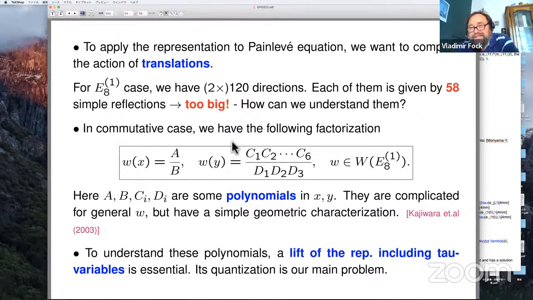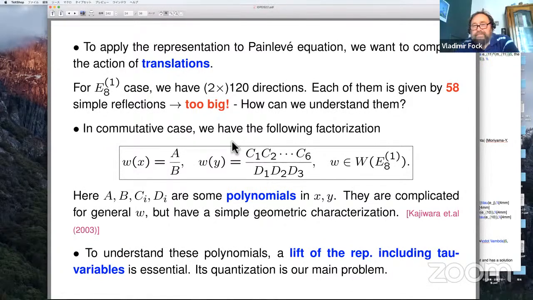For example, in the A2 lattice, which is 2 dimensional, it is a triangular lattice. So we have 6 directions, at 60 degrees, of the translations on a 2-dimensional space.